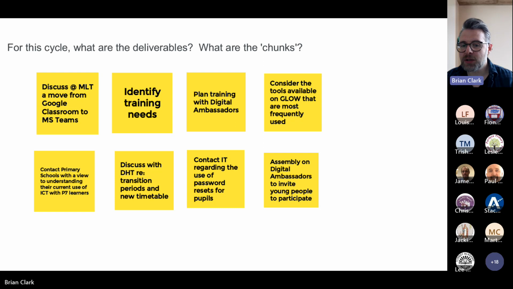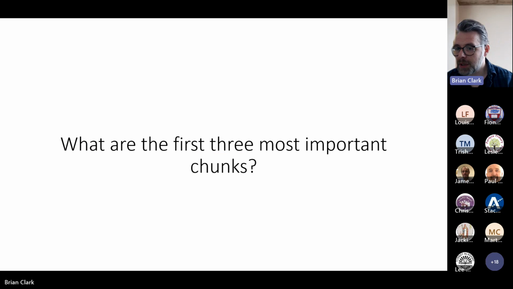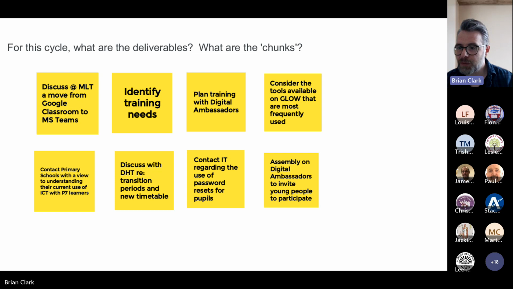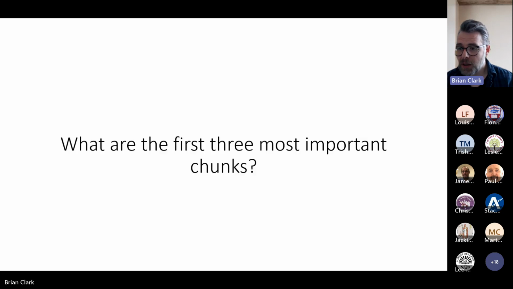If you take your list of chunks and tasks like this one here, so there are 8 little tasks that have to be done, what we suggest is, to make you feel that you're successful, that you can complete it, that it's visual, we take the most important 3 tasks. So what are the 3 most important ones that have to be done? And then we put them into a rapid action plan.